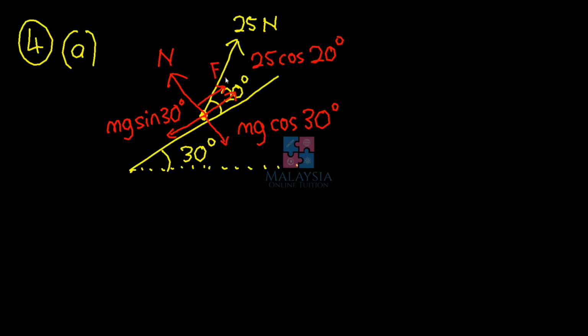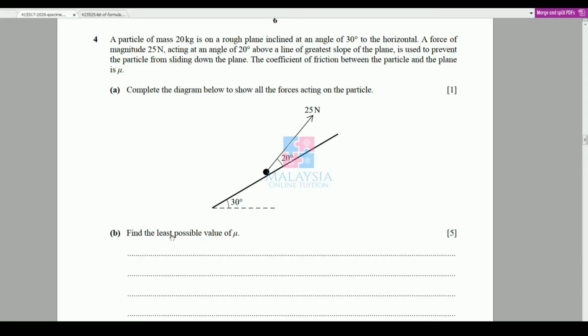So in this case, your friction force will be acting up the plane. If the question is the other way around, let's say the particle is about to go up the plane, then your frictional force will be acting downwards, the same direction as mg sin 30 degrees. So this will be all the forces acting on the particle, and that's all for question number 4, part A.